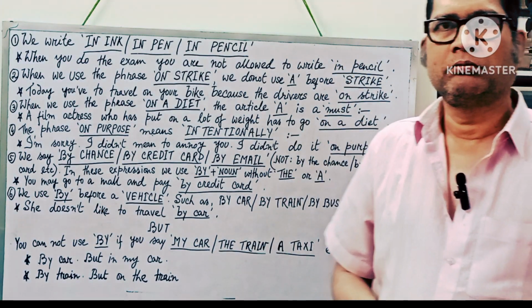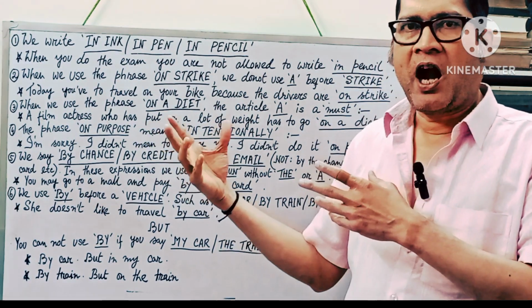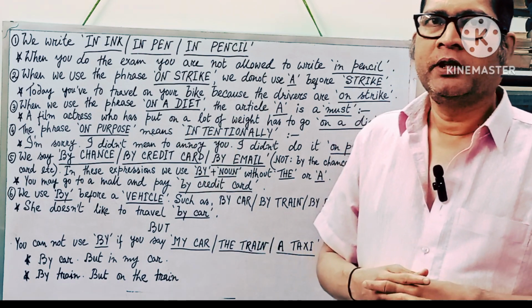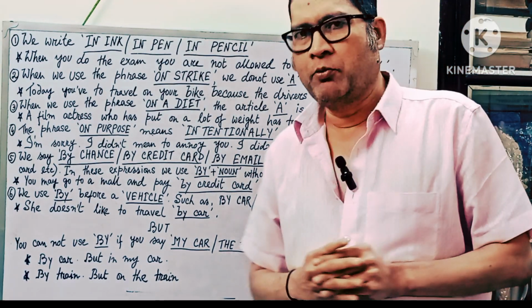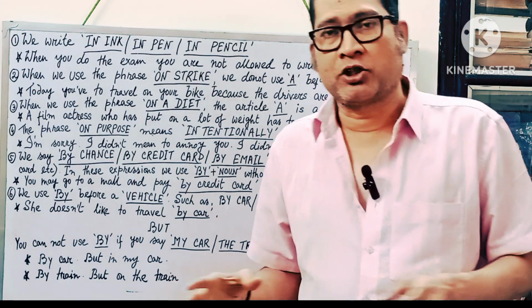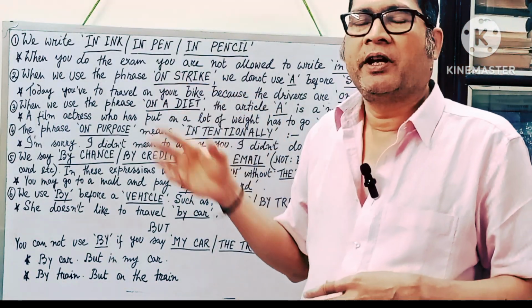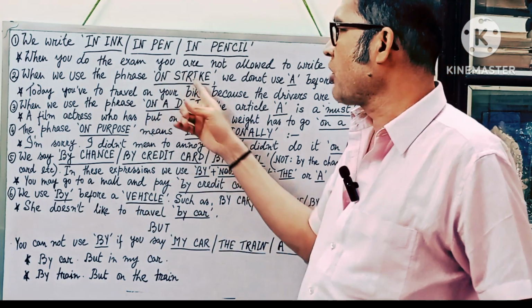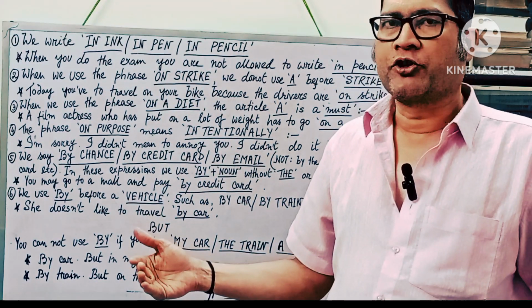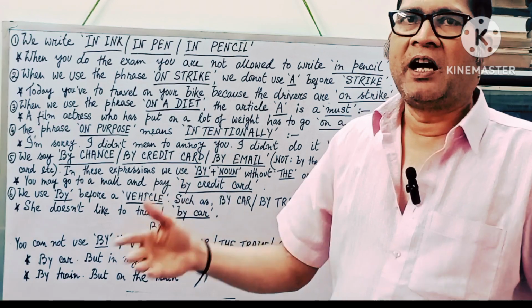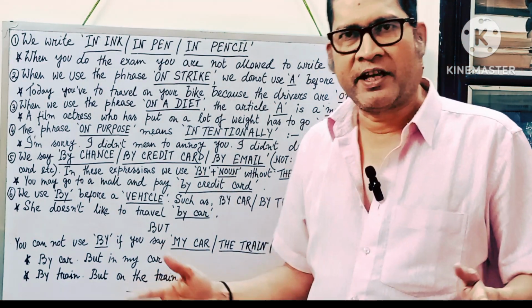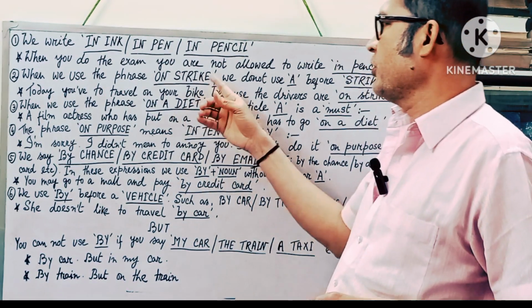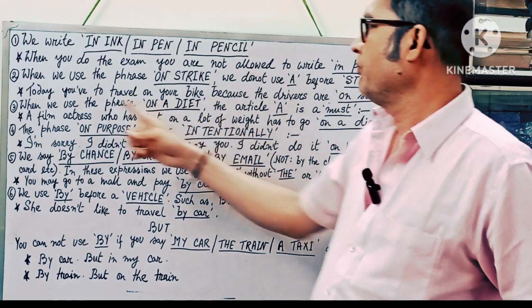That's the problem. These phrases are approved by Oxford, therefore it is not possible for anybody, even not for an Englishman, to bring about any change in the phrase. The phrase remains the same, always. So it is on strike, you have to always use on strike. You cannot say on a strike. You cannot say that simply. Let's see an example sentence.